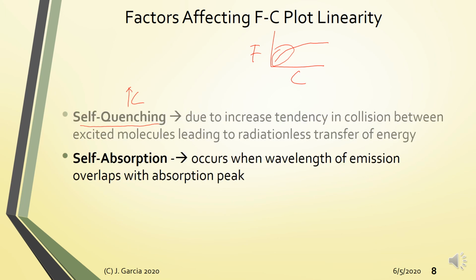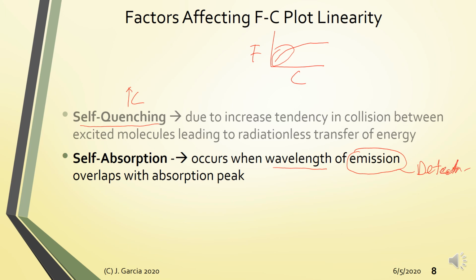And another is what we call self-absorption. Self-absorption occurs when the wavelength of emission overlaps with the absorption peak of the molecule. There are some molecules that do exhibit self-absorption. So what happens is that the emitted radiation, instead of going to the detector, does not all reach the detector.